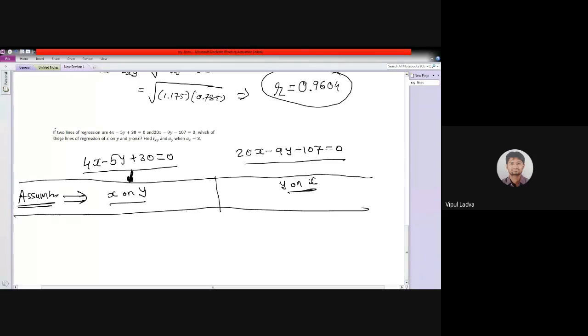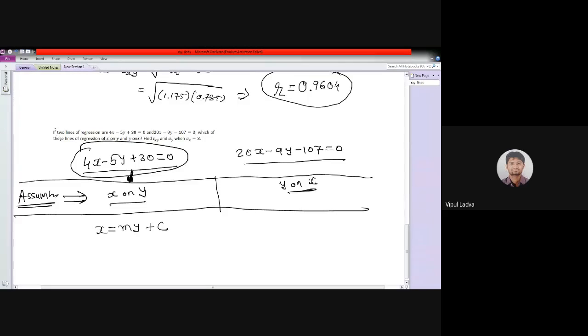For that, if this is the regression line x on y, then it will have this particular format: x equals my plus c, where m is the slope of that line, but that m represents the regression coefficient x on y, and c is the intercept.